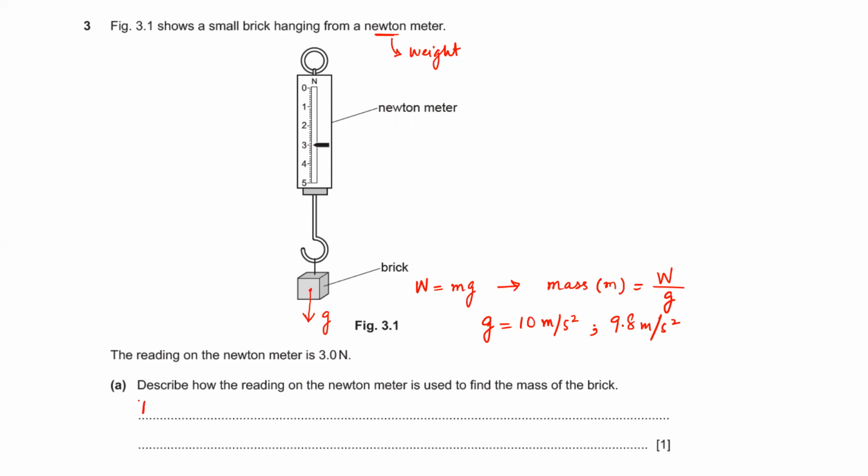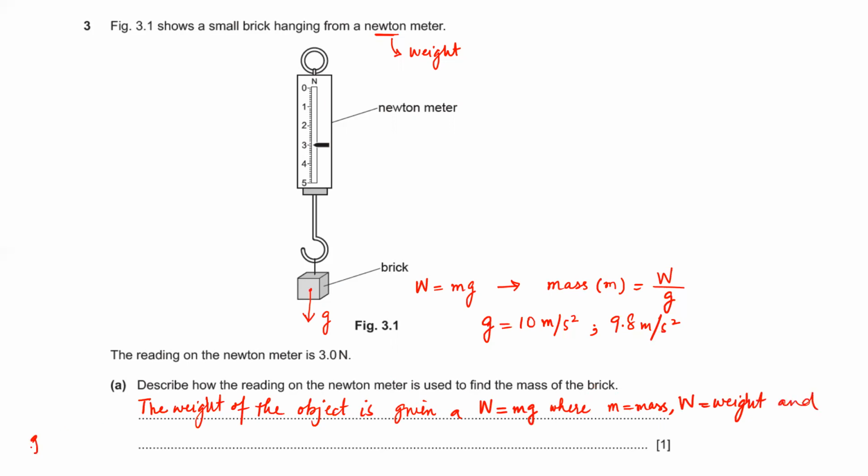So we know that the weight of the object is given as W equals mg, where m is mass, W equals weight, and g is acceleration due to gravity.